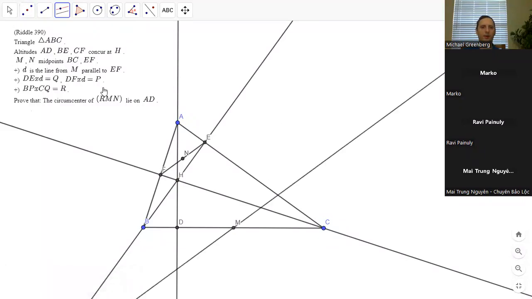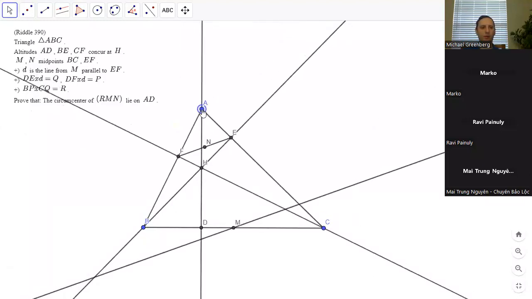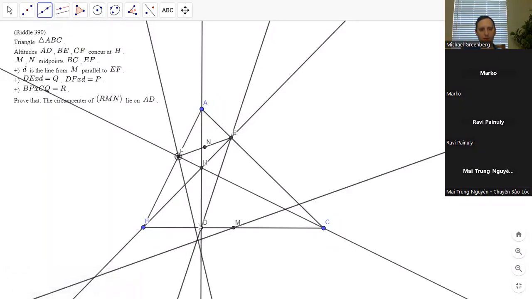So MN is perpendicular to EF because M is the center of the circle BFEC. To draw that parallel line, EF is parallel to the tangent at A, I believe. And DE intersects that line at Q. And DF intersects it at P. Okay, interesting.